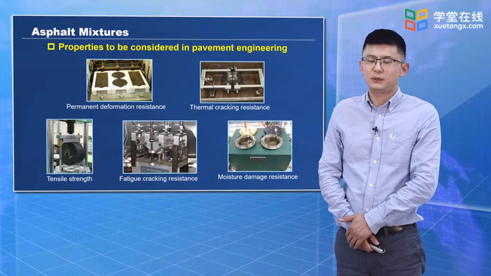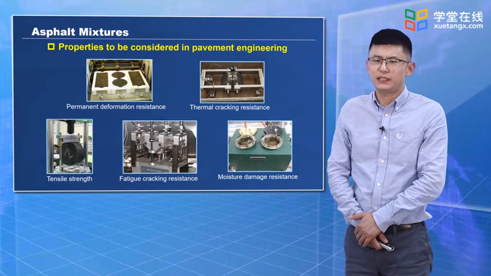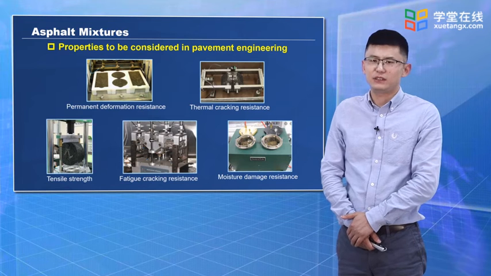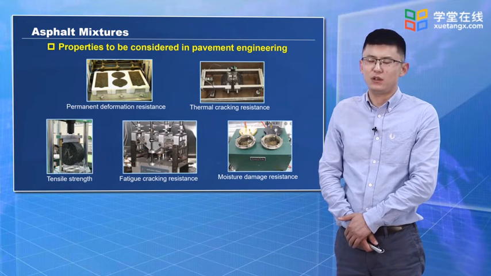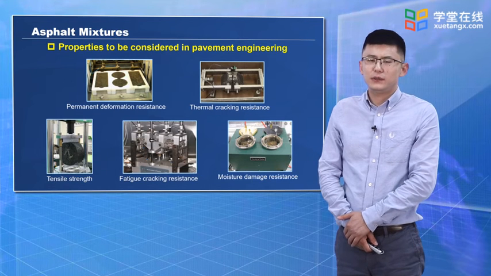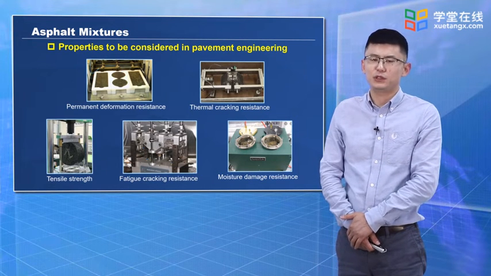And the last one is the moisture damage resistance. What is moisture damage? Generally, what we can see on the road is raveling and potholes, all of which come from moisture damage. We also need to test the moisture damage. So we can see all these five mechanical properties or performance measures we need to take into account in the asphalt mixture design.